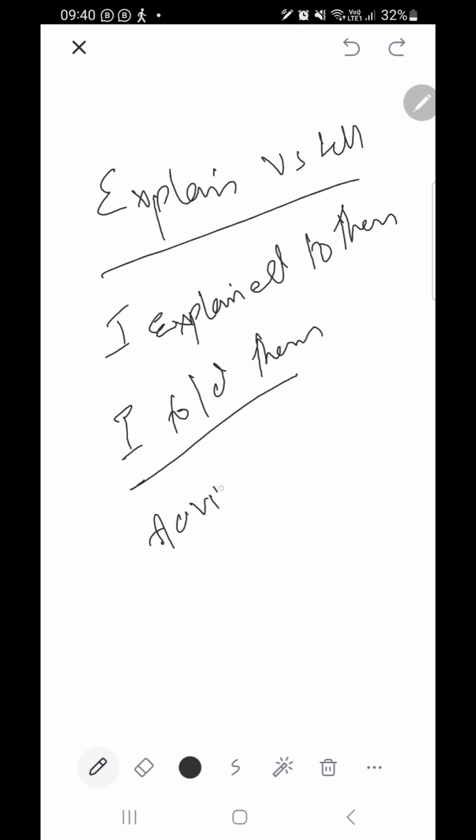Similarly, advice with C versus advise with S. With C is a noun and with S is a verb. So the rule we already discussed is that when we have a verb already, we use S. I advise him. Correctly, we are using it as a verb, so we use S. I have given him advice. Now we can use C.